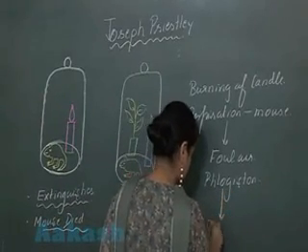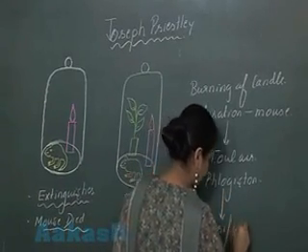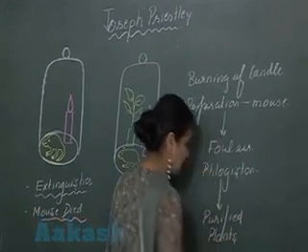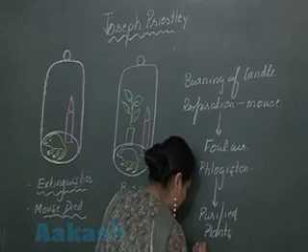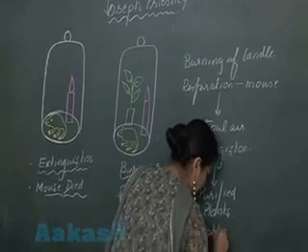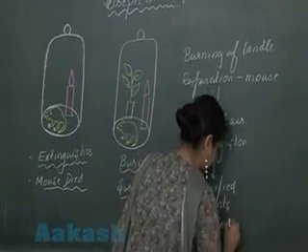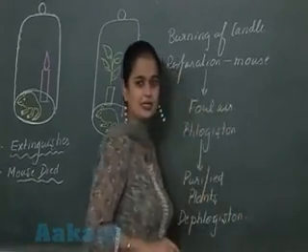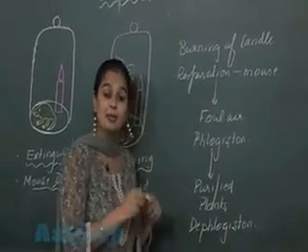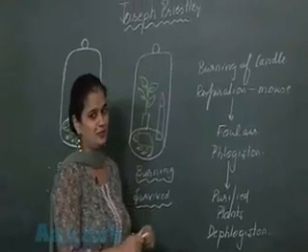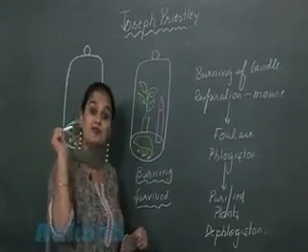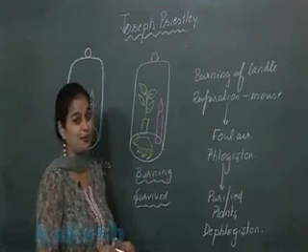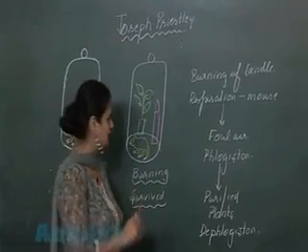Yes, this air is purified by the plants, because plants release a purified air. So it means burning of the candle and the respiration performed by the animals produces foul air, and the activity performed by the plants purifies this air.